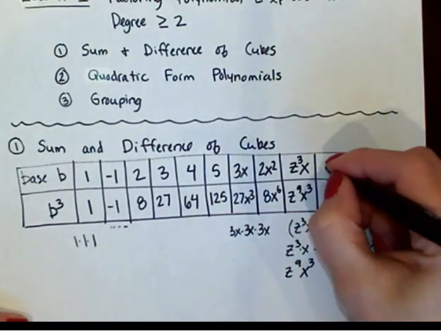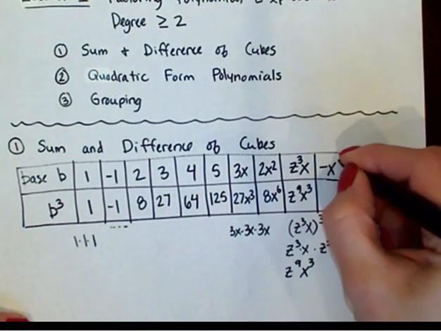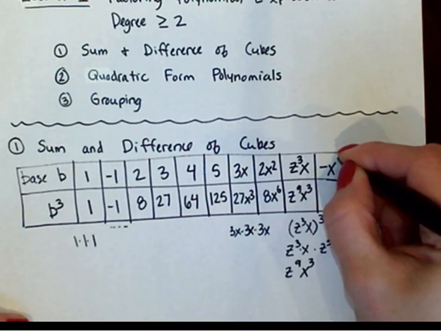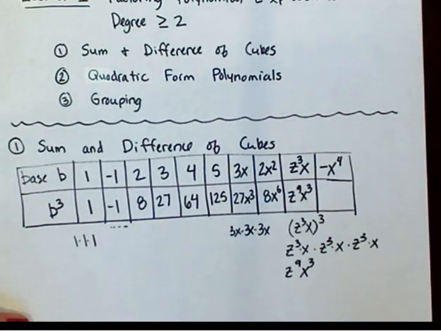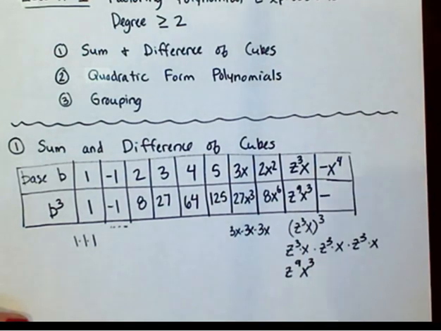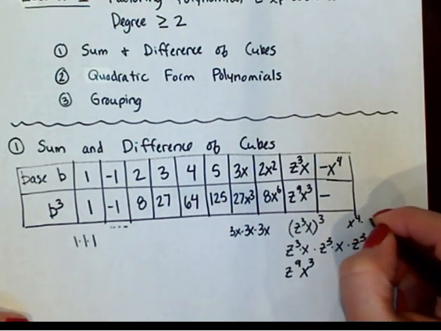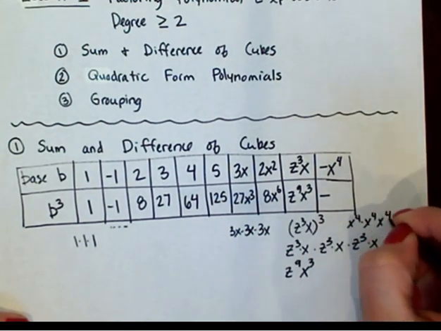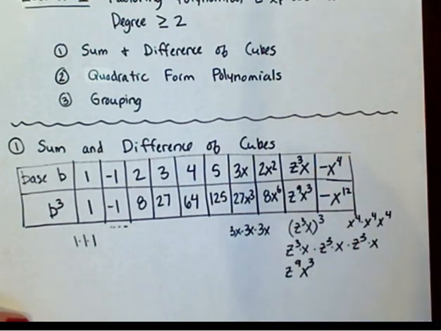Okay, let's try one more. Negative x to the 4th. Negative times negative times negative is still negative. X to the 4th times x to the 4th times x to the 4th is x to the 12th.